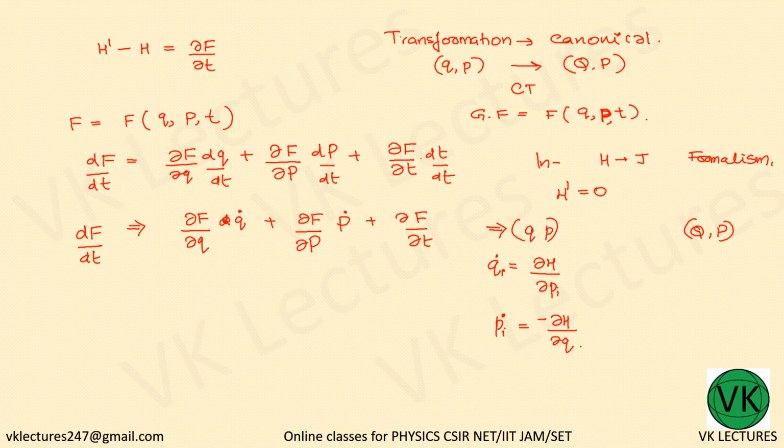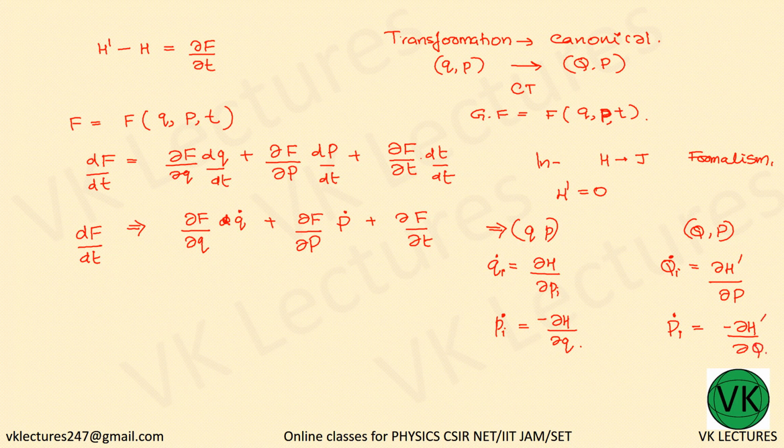And similarly for the new Hamiltonian, we have Q_i dot equal to ∂H'/∂P_i, and P_i dot equal to minus ∂H'/∂Q_i.